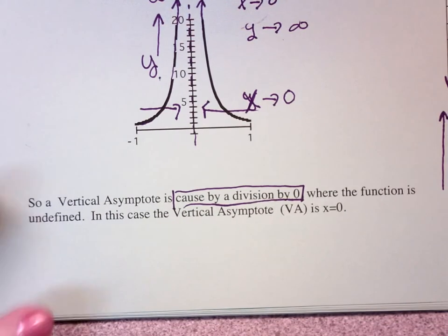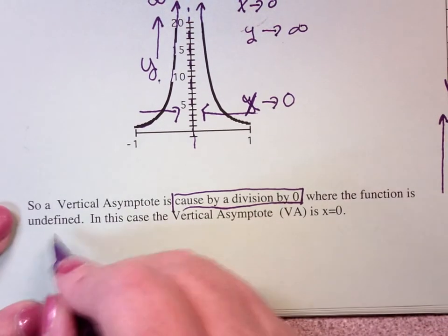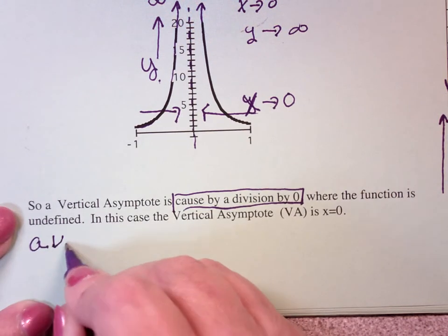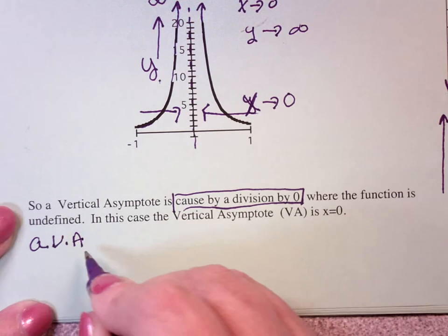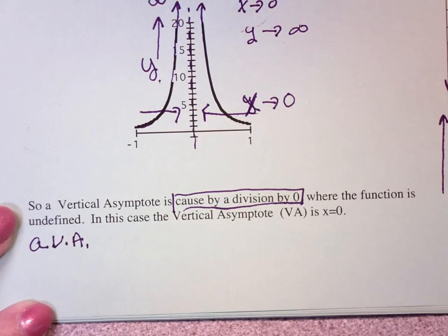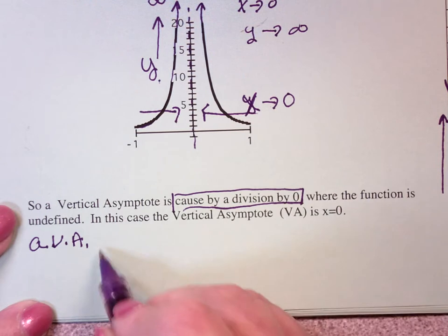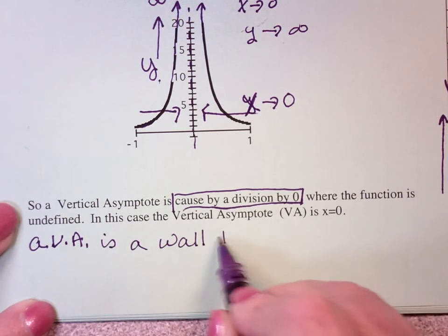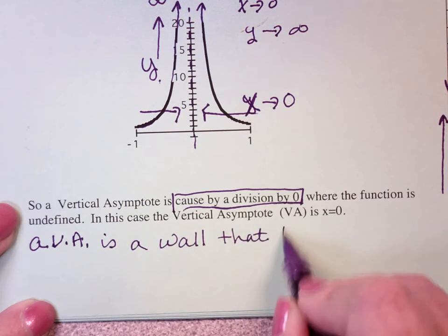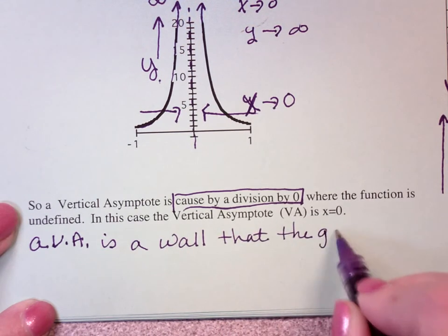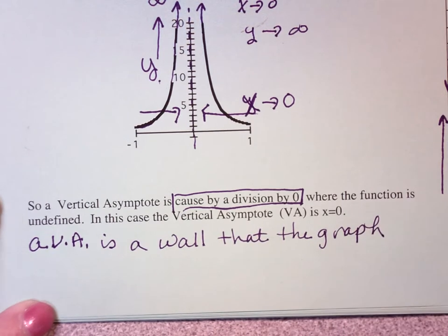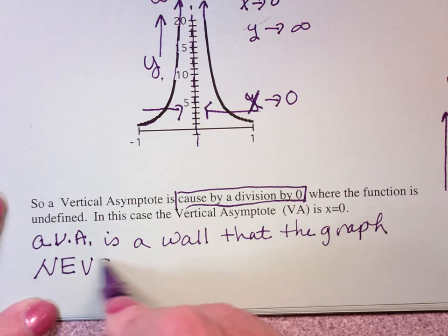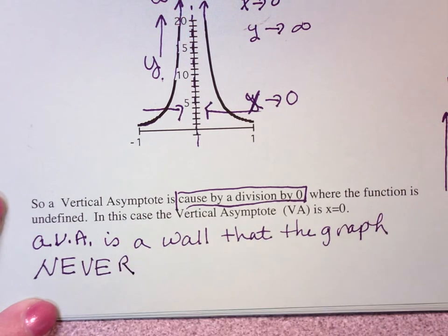But from a practical point of view, a vertical asymptote, and I'm going to call it a VA, is a wall that the graph never crosses.